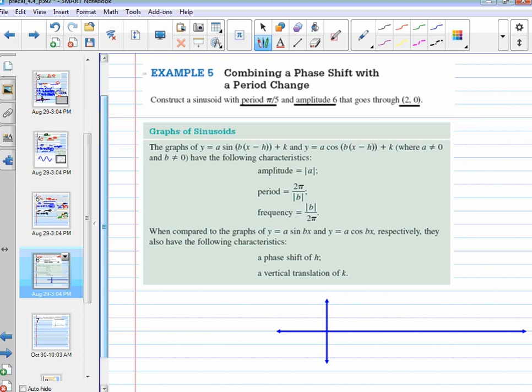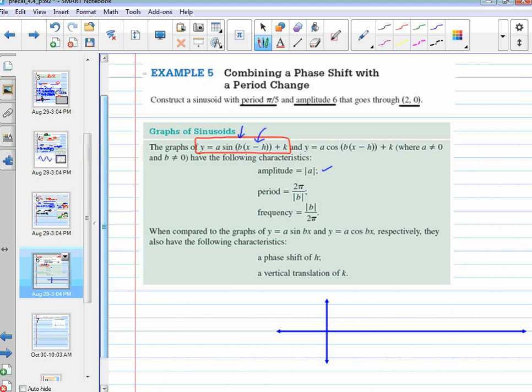And here they have shown a good way of writing these where you can distinguish, not only do I have a horizontal change, I've moved to the right h, and I also have a period change with this b right out here. And this way of writing it, with the b parentheses x minus h, keeps separate the horizontal shift and the stretch or shrink.